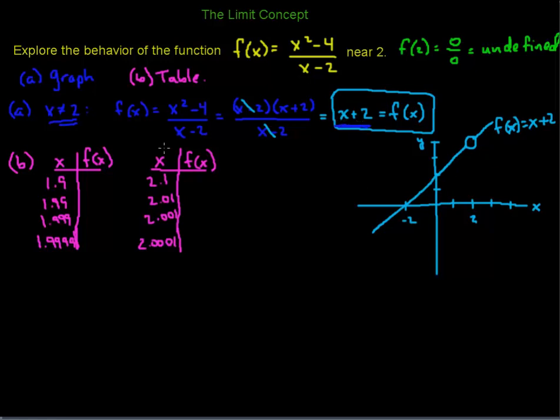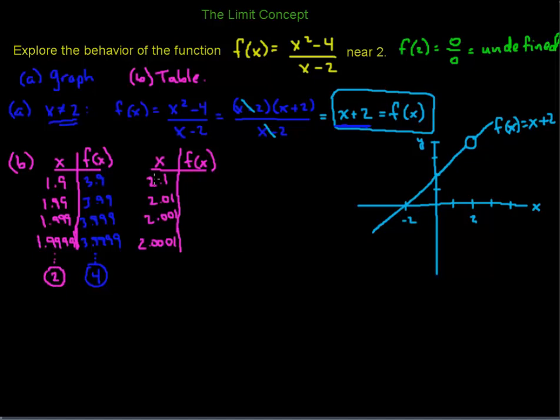So x plus 2, or 1.9 plus 2, is 3.9. This becomes 3.99, 3.999 and 3.9999. You might notice that these values appear to approach 4 as the x values approach 2.